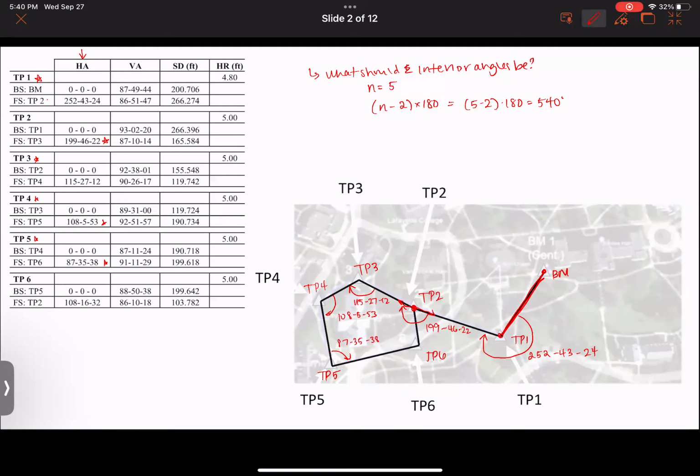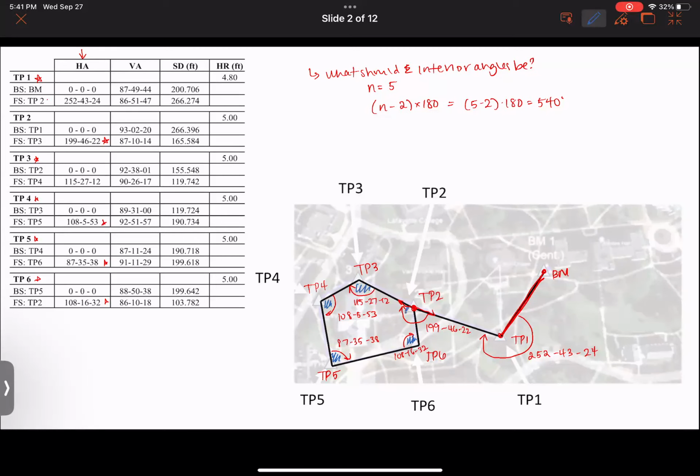And then last but not least, set up on TP6. Backsighted TP5, foresighted TP2. Again, that angle is being measured clockwise. And we have 108-16-32.